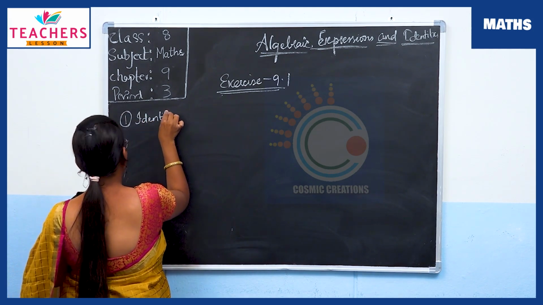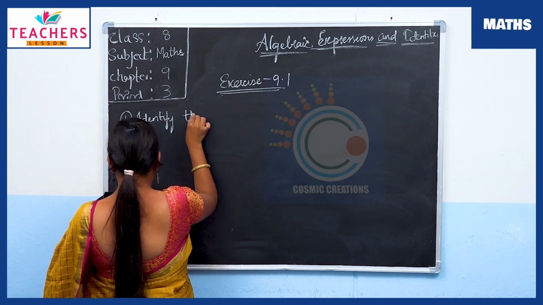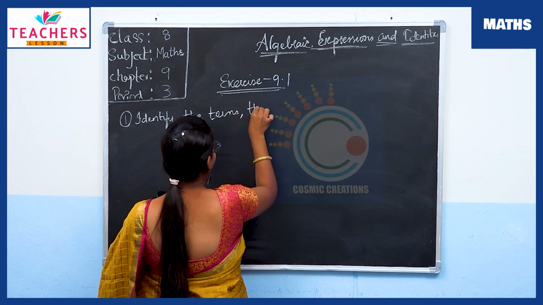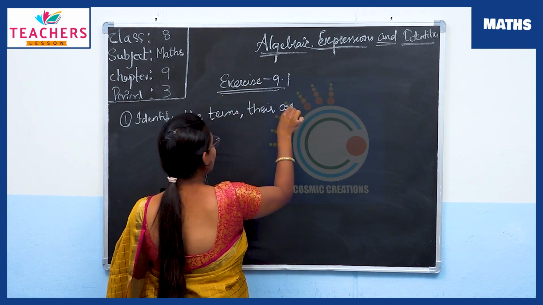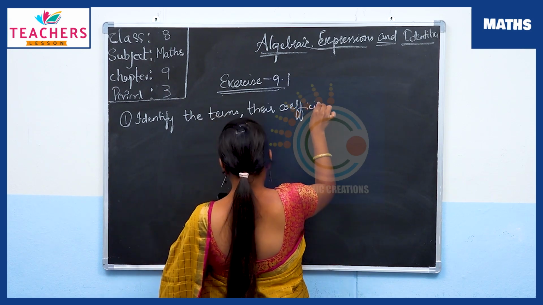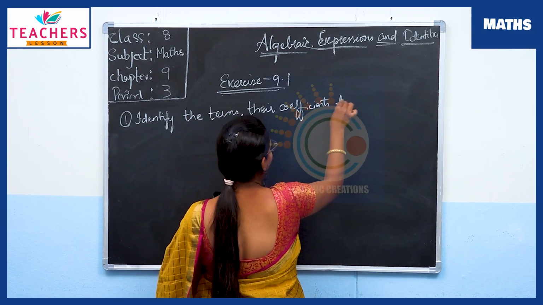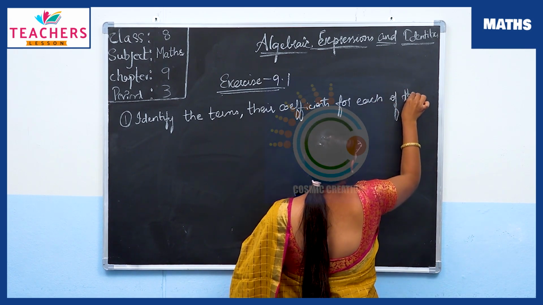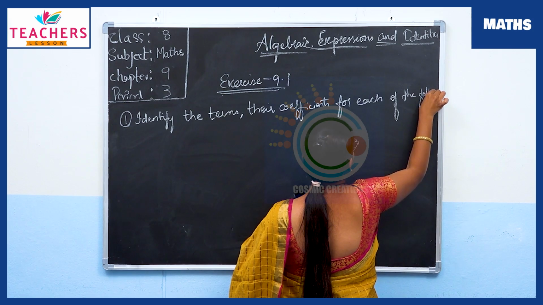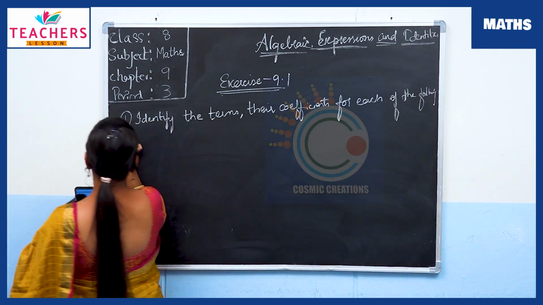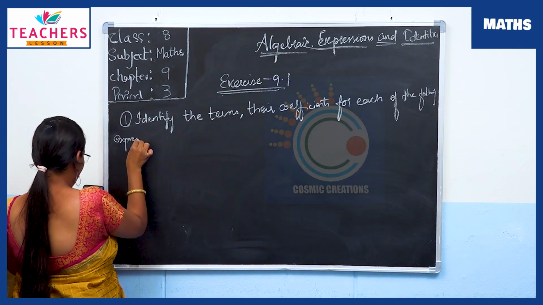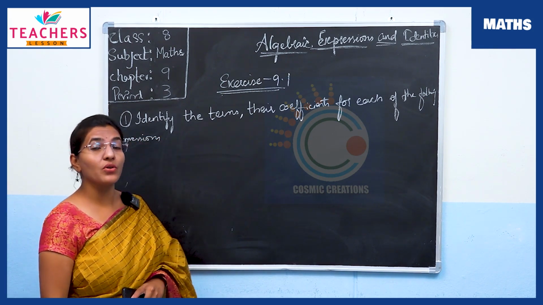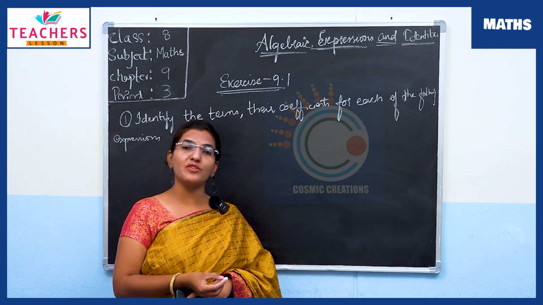Identify the terms, comma, their coefficients for each of the following expressions, right? So what are they going to give? They are going to give some expressions, that is, algebraic expressions.